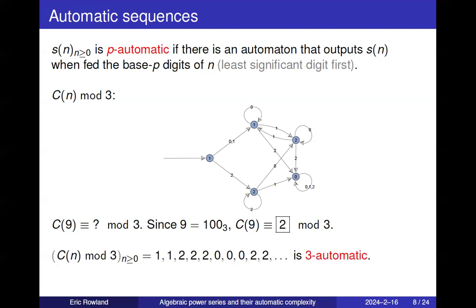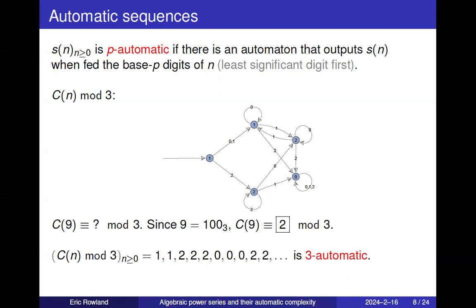So if you feed in other base P representations, each base P representation will give you one term of the sequence. So we say this is a 3-automatic sequence because we're reading numbers in base 3. From every state, from every vertex in this graph, there have to be 3 arrows pointing out, 1 for each letter. And then the labels of the output states are going to be remainders modulo 3.